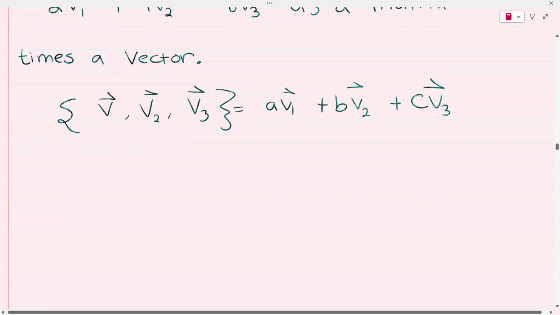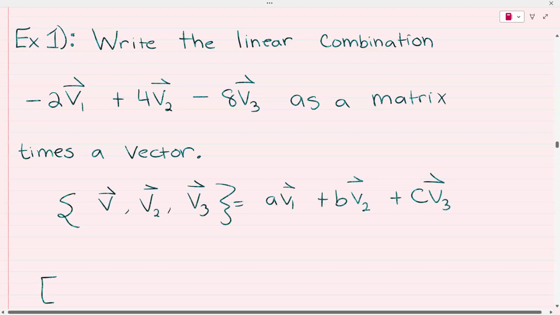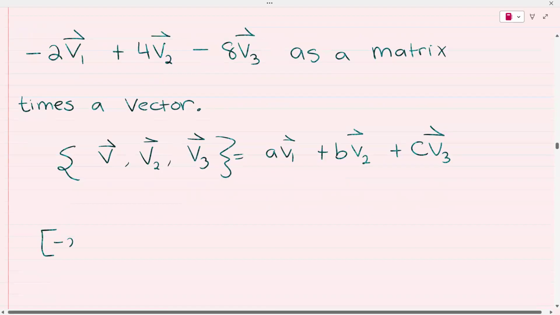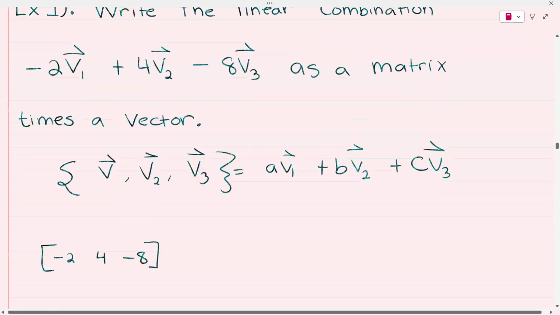So what you're doing is multiplying coefficients. Your coefficients are -2, 4, and -8, by the vectors v1, v2, v3.